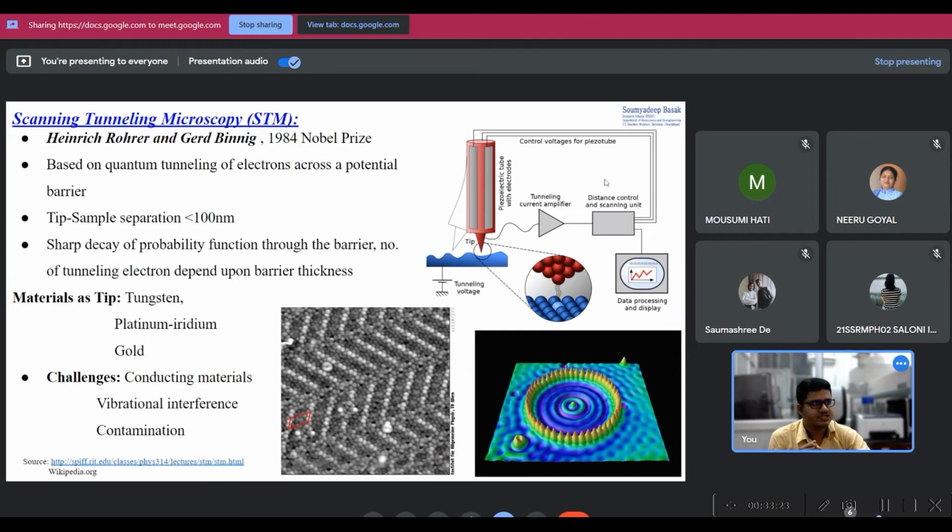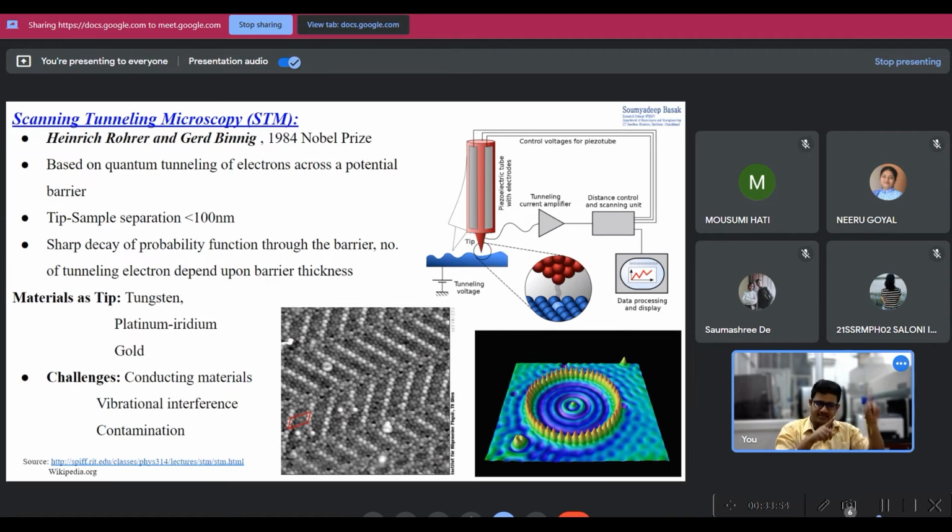Based upon this tunneling current, you can see the instrument layout. It is controlled using a circuit where they try to keep the voltage of the circuit the same. So when tunneling current behavior is happening, for example, say there is a rough undulation and the probe that is going through comes to that rough peak, the distance between the sample and the probe decreases to the value where there can be a tunneling current increase.